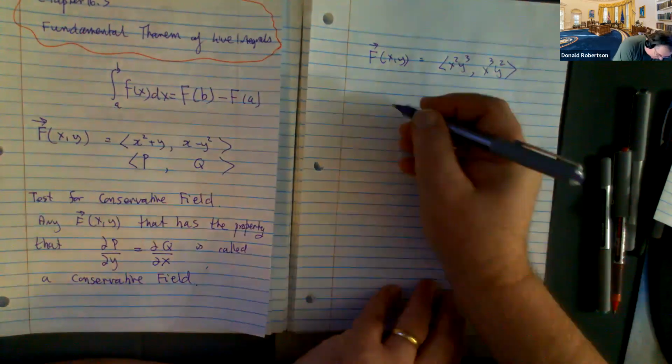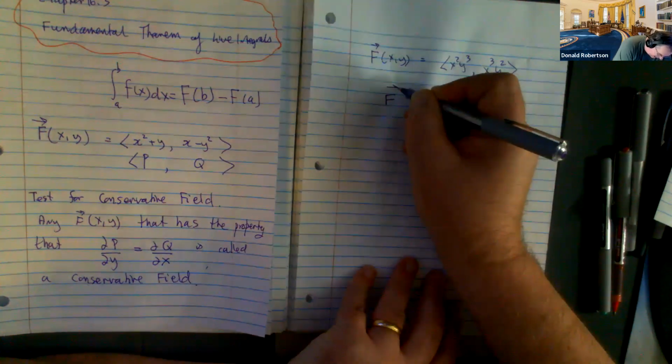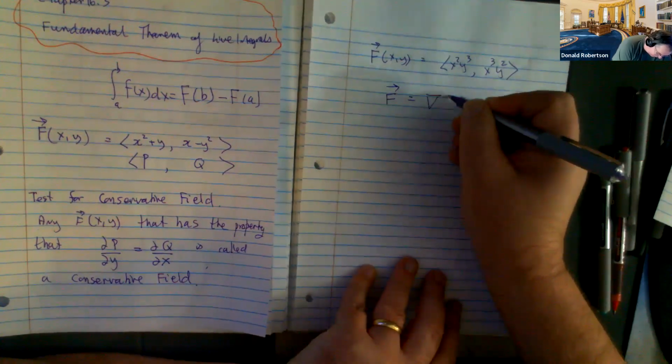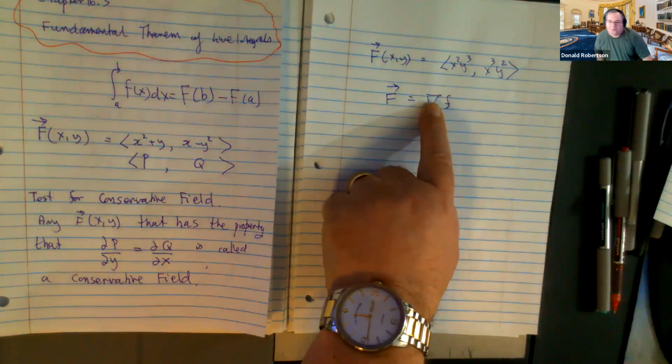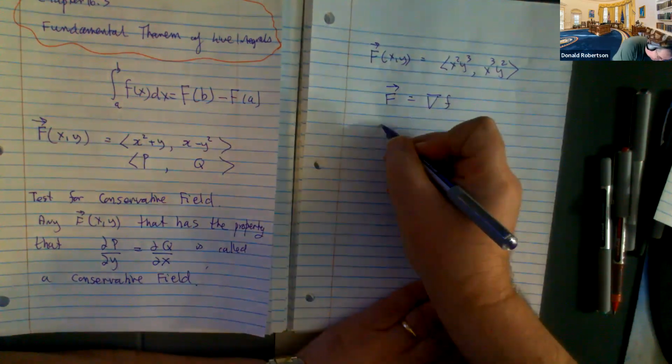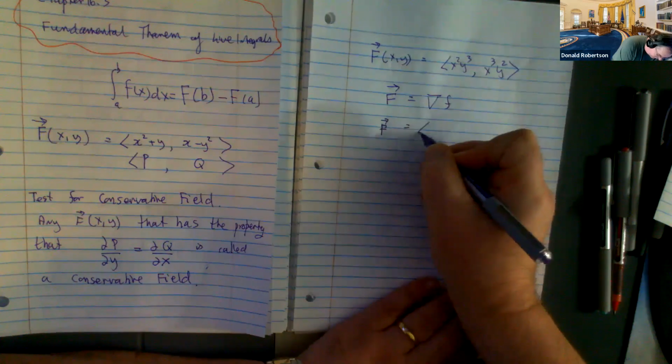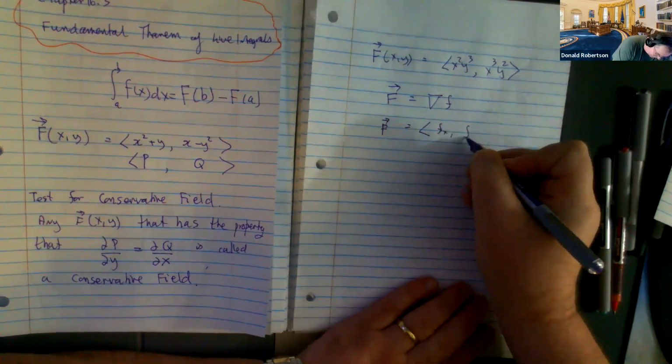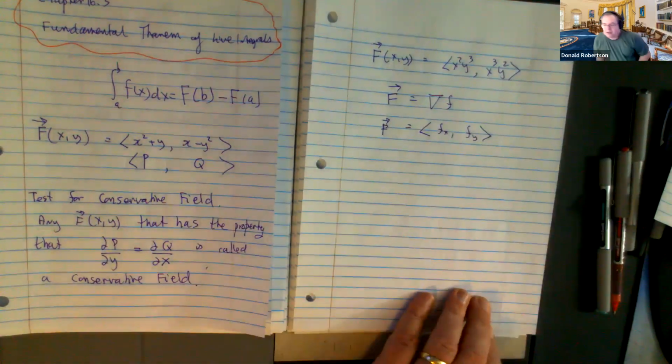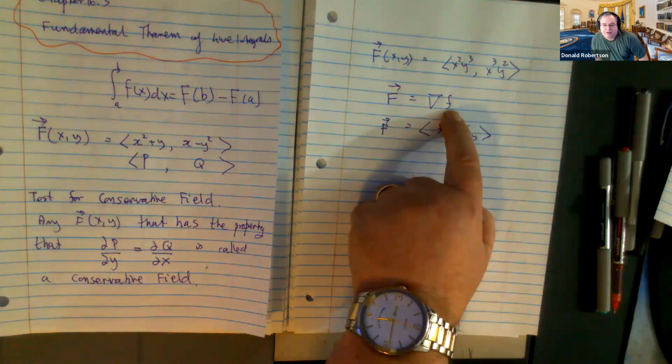Okay. Now, we assume that F is the gradient of f. Remember that guy? And that means that F can be thought of as that guy. And our job is to find little f.